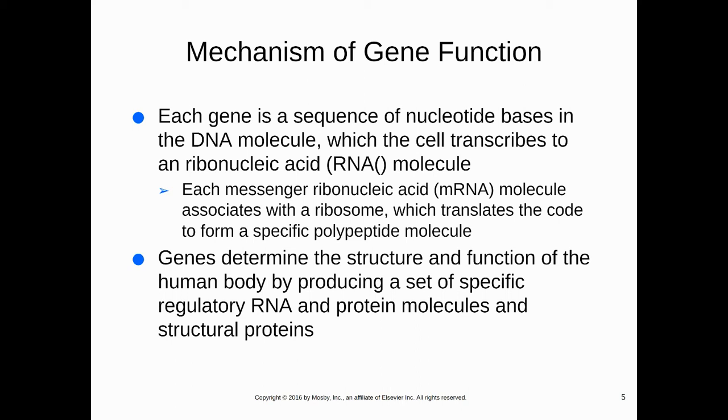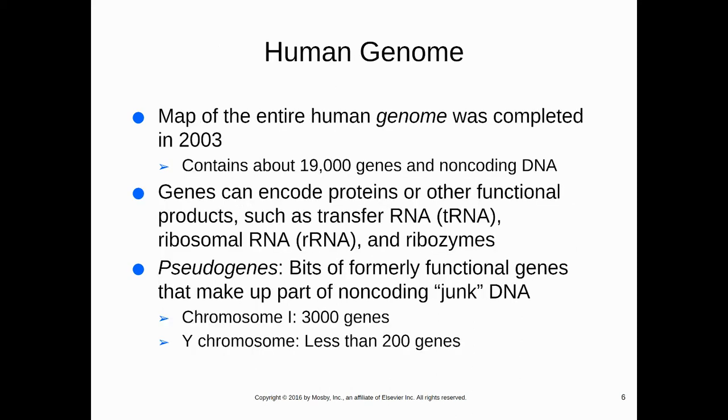Every RNA molecule codes for a protein, which occurs in your ribosomes. So you have DNA that codes for the RNA, which codes for the protein. Essentially, DNA is your gene, and protein is the expression of your gene. Okay, so that's basically how you determine structure and function, through the structural proteins that are encoded by your DNA.